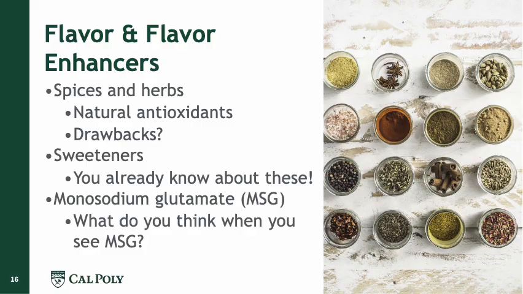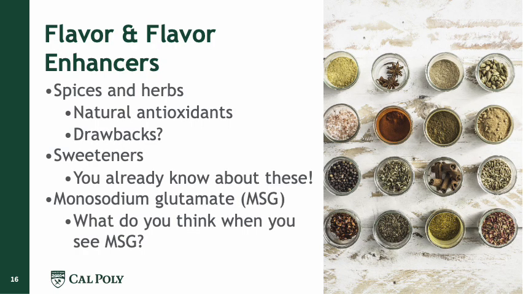Maybe we don't want cinnamon in a savory dish. Maybe in some countries or cultures they like it, but in some others they don't. So when we add these natural flavors, we also have to consider the pairing with the foods that we are using them in.